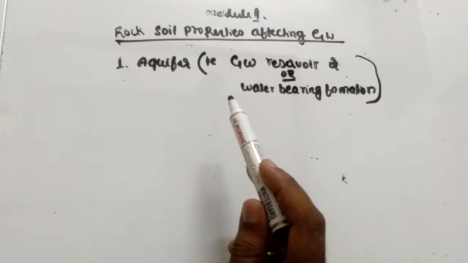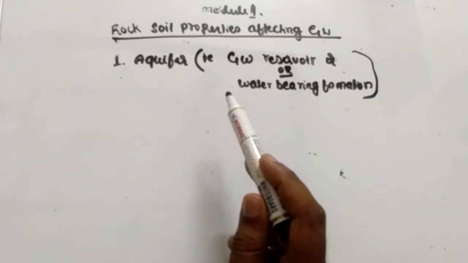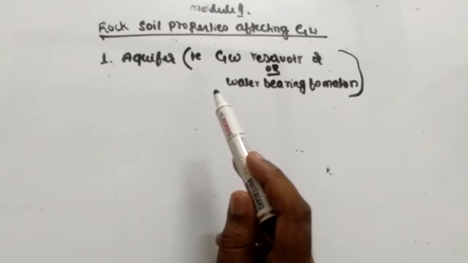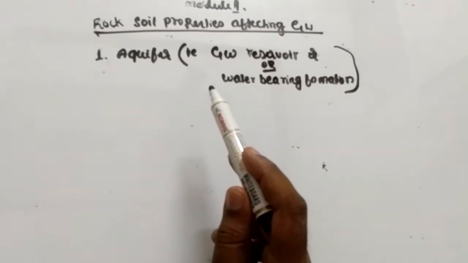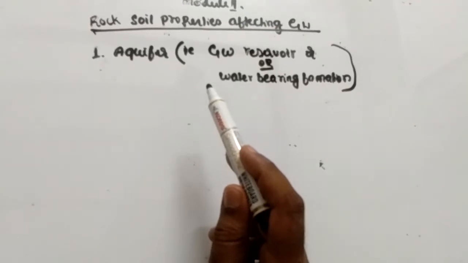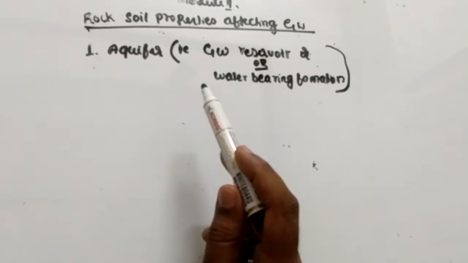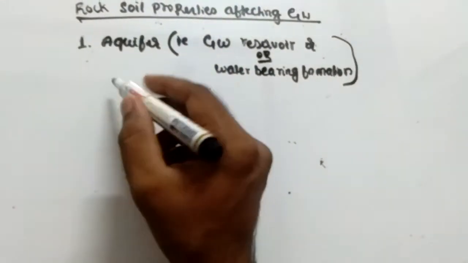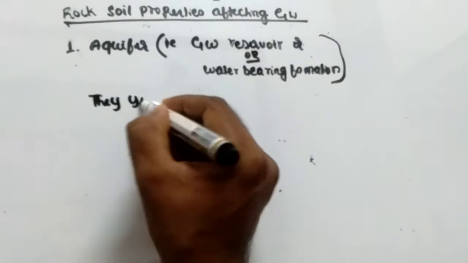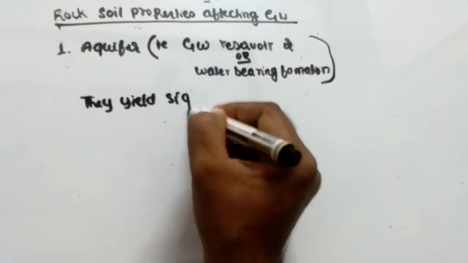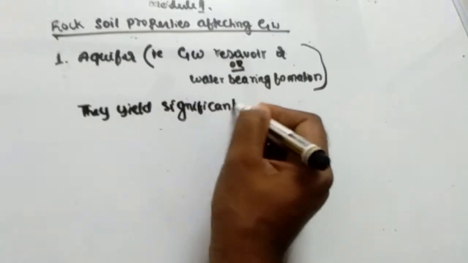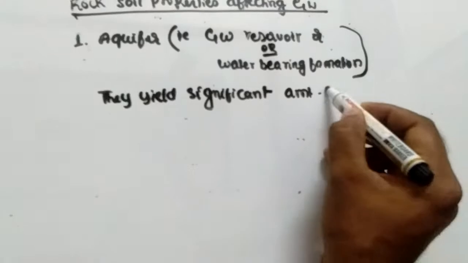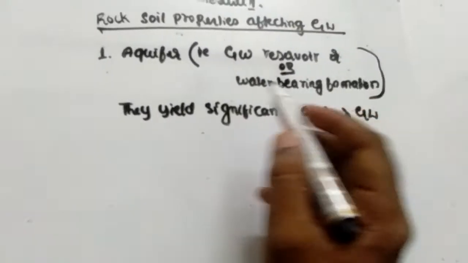Because of the capability of storage as well as movement of groundwater within the aquifer, aquifers yield a significant amount of groundwater to springs and wells.